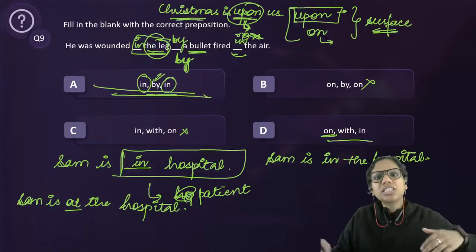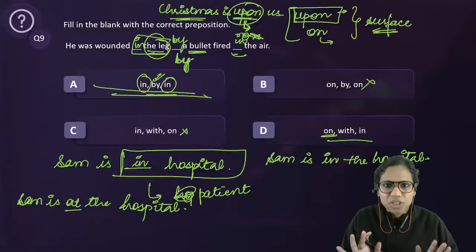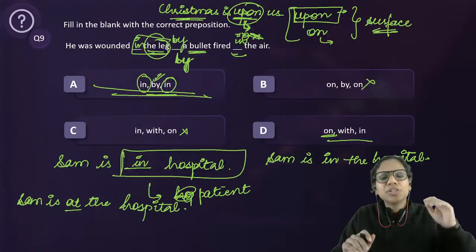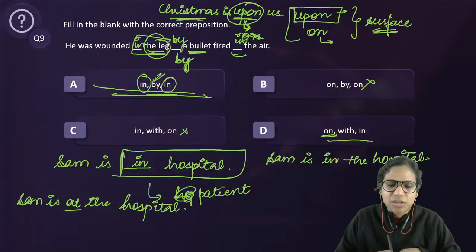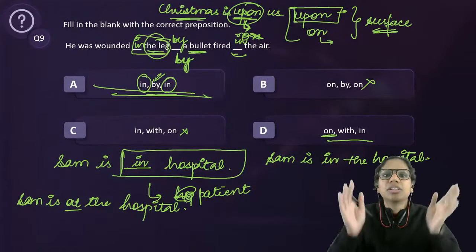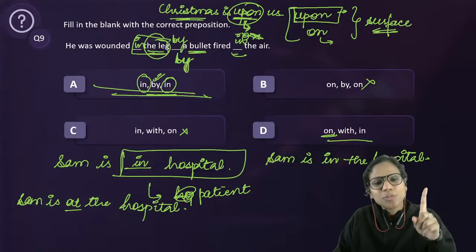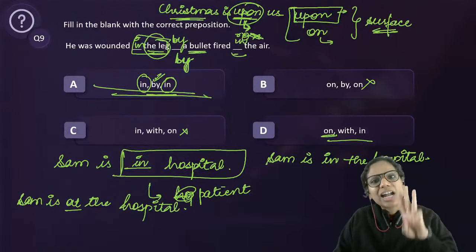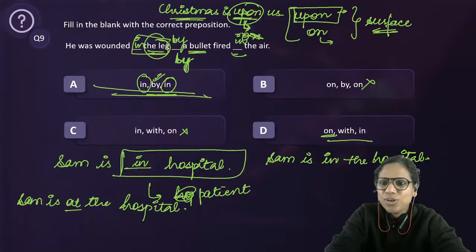The only difference is that when you say Sam is in the hospital, now this person is not a patient. Now this person is probably visiting someone and you are treating the hospital as an area. But when you say Sam is at the hospital, you are treating it just as a location and not really as an area. So it's about your intention. Right? In hospital bhi theek hai, in the hospital bhi theek hai, at the hospital bhi theek hai, just that meanings are different. All right?